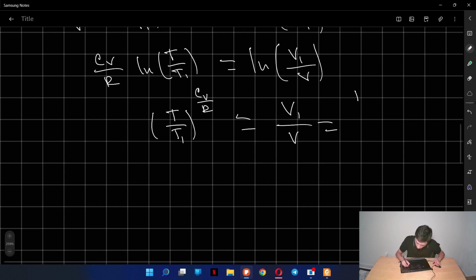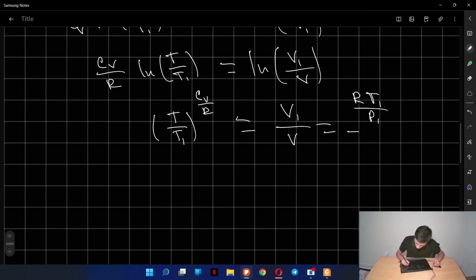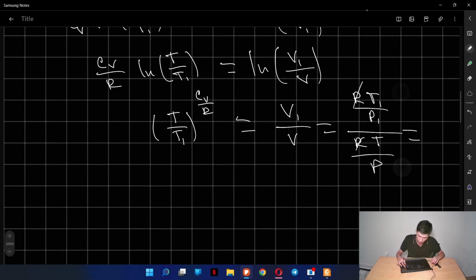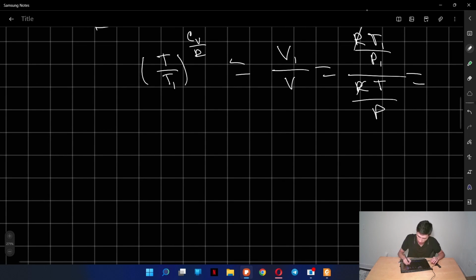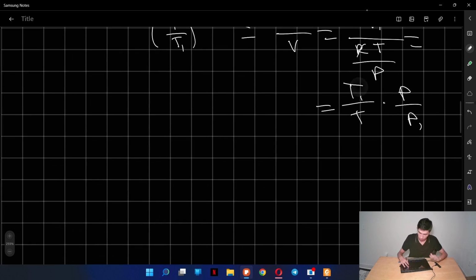So I'm going to express that as R T initial over pressure initial over RT over pressure. And R is going to cancel, and for the right hand side, I'm going to have Ti over T times P over P initial, right?